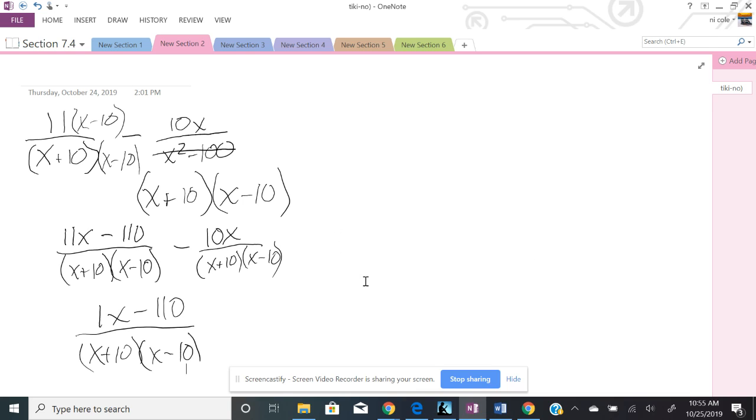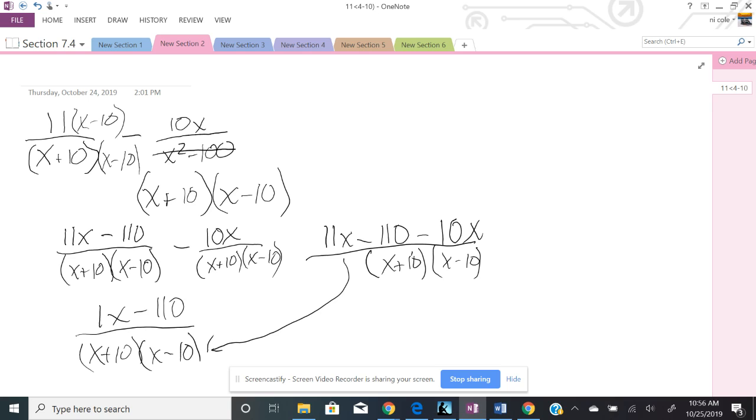Something else to note, you could have just written this as 11x minus 110 minus 10x all over x plus 10 and x minus 10. But from this point, you need to make sure you go to that stage. So you need to take your like terms and combine them. So always combine your like terms.